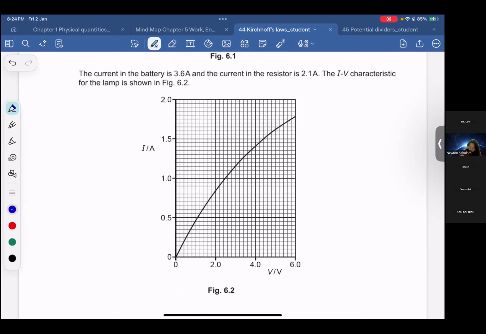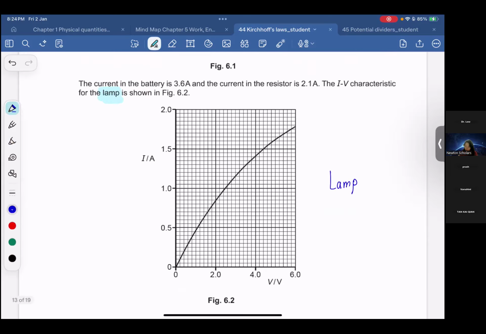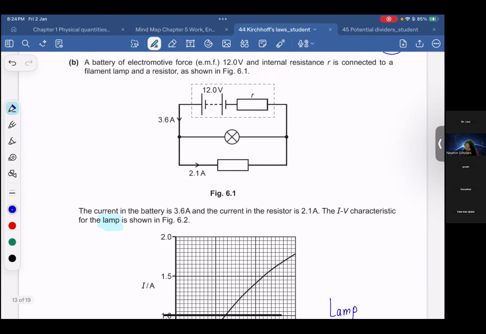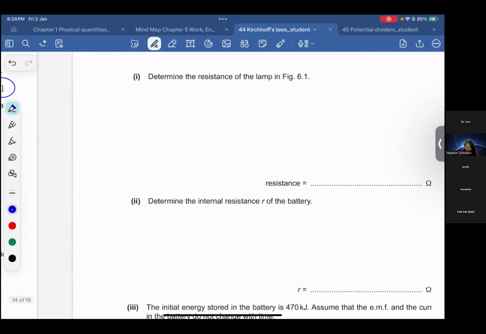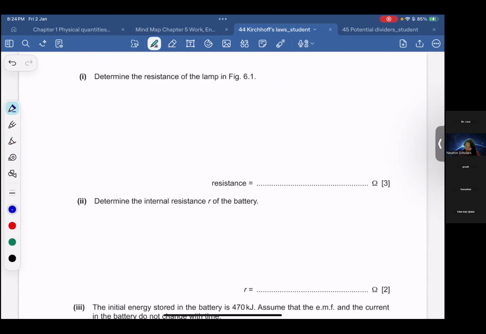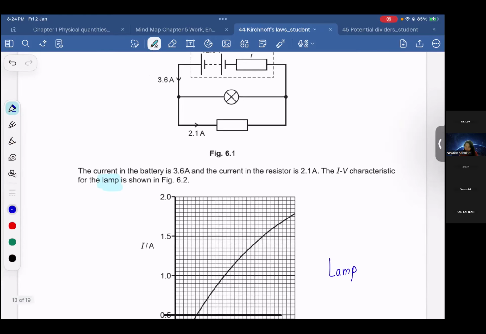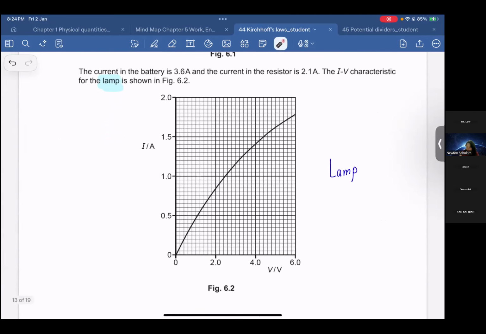Every time you read the question, please read it. Do not skip any sentence, maybe you will skip some important information. So this one is for the lamp. Next: determine the resistance of the lamp. I want to know resistance, that means I need to know V and I. Do you know the V for the lamp?